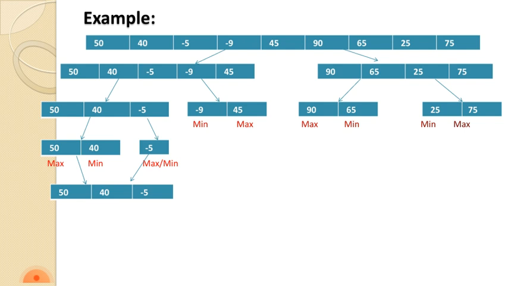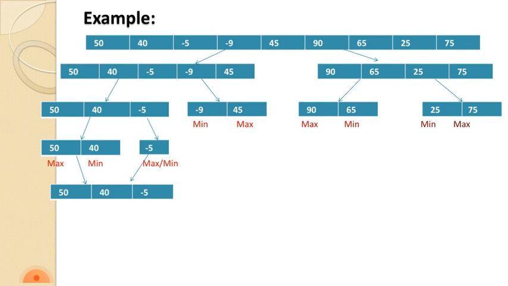So 50 will be compared with minus 5 to check which one is maximum. 50 is maximum. Then 40 is compared with minus 5, so minus 5 is minimum. So when we merge both the parts, we get two values: 50 is maximum and minus 5 is minimum.